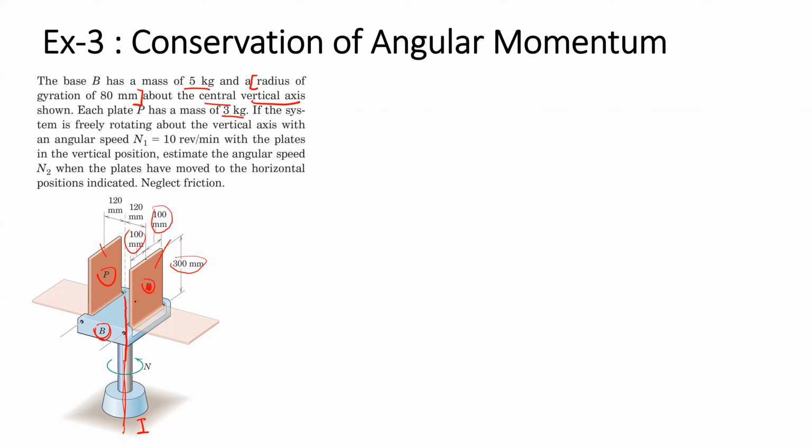And they also give the dimensions of the base B. What happens is, in the initial condition, the plate P lies in the vertical orientation like this, and the initial speed of rotation is like this. Then, by gravity, the plate moves downward to the datum position like here, and cannot go any further because we have the stopper here.